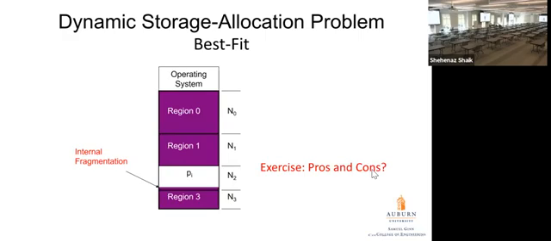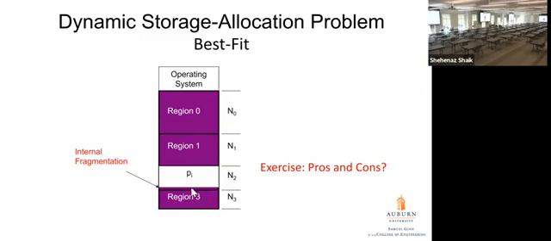Let's say we have 4 different holes or partitions, as you can see here, say region or partition 0, 1, 2, and 3. If this is the case, then what the best fit approach recommends is to select the hole or partition which results in the least amount of wasted space, or least amount of internal fragmentation.